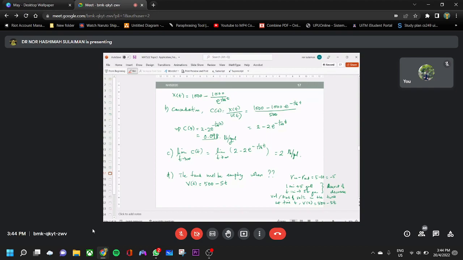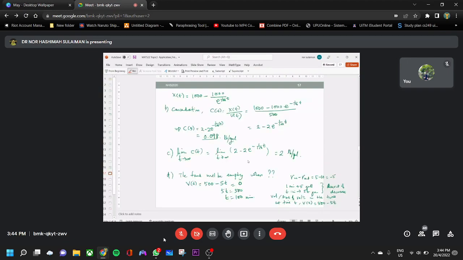Okay, so bilakah tank ni akan jadi empty? Bila V ni sama dengan kosong, betul tak? So T tu sama dengan 100 minit. So maknanya the tank will be empty after 100 minit.